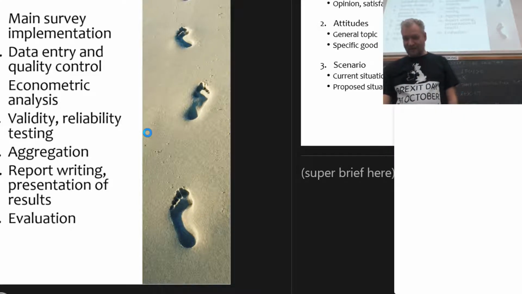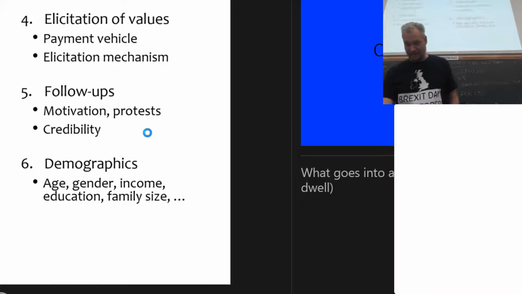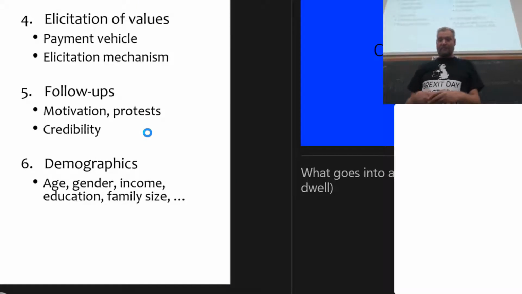The critical issues are in the survey design, right? So that's what I'm going to talk about most. So you're asking a question about how much would you pay, say, to help protect the South Downs National Park, right?